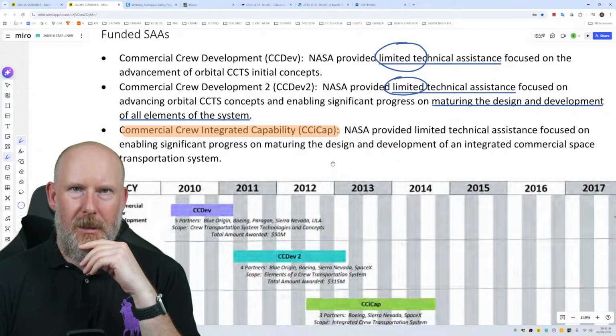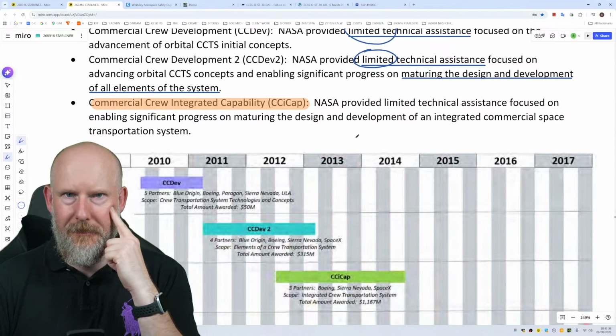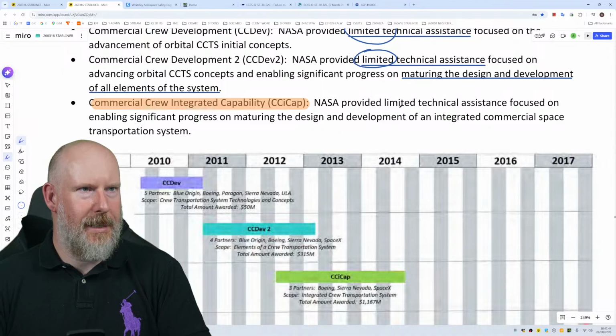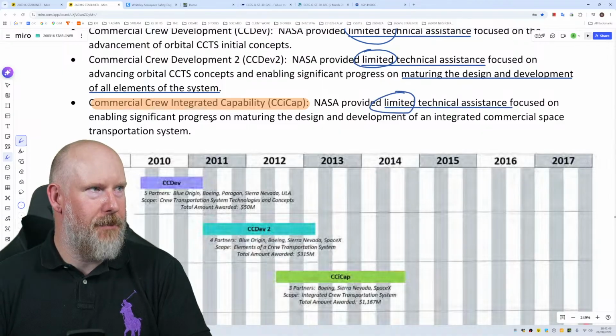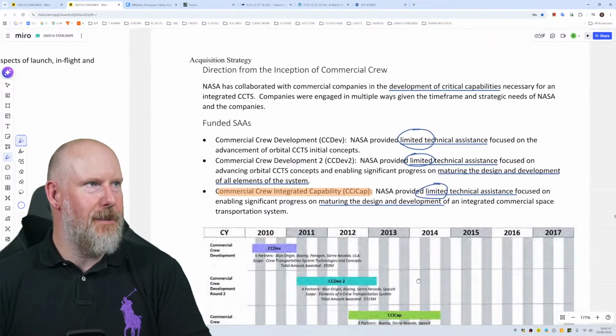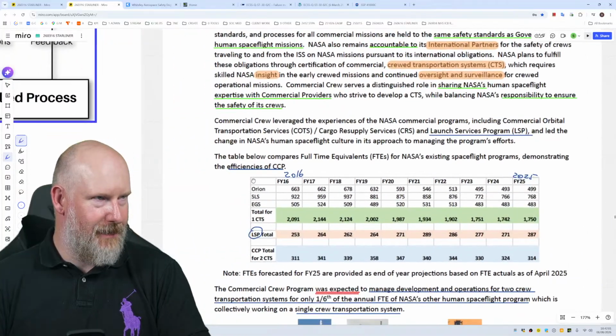So commercial crew integrated capability. NASA provided limited technical assistance focused on enabling significant progress on maturing the design and development of an integrated commercial space transportation system. It says SAAs. What was SAA?